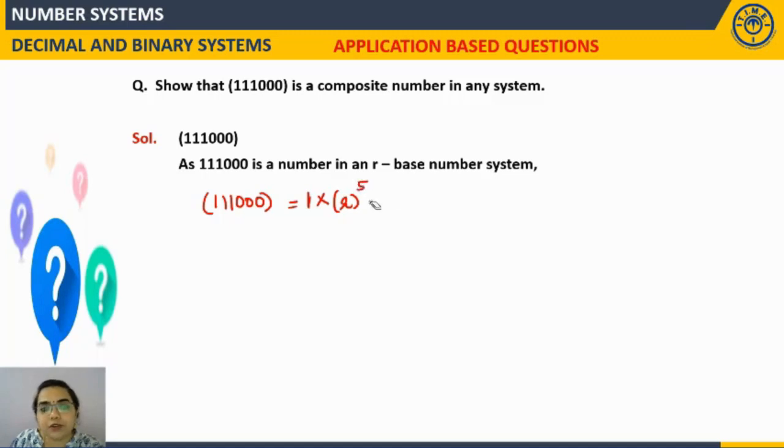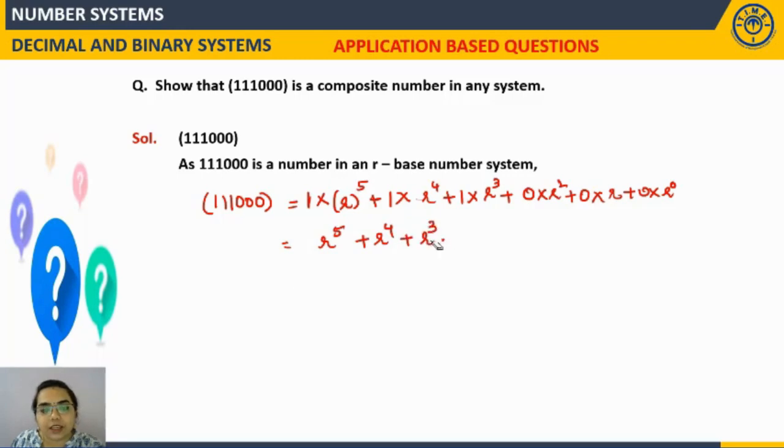So R to the power 5 plus 1 into R to the power 4 plus 1 into R cube plus 0 into R square plus 0 into R plus 0 into R to the power 0. Okay, so what are we left with? R^5 plus R^4 plus R^3.